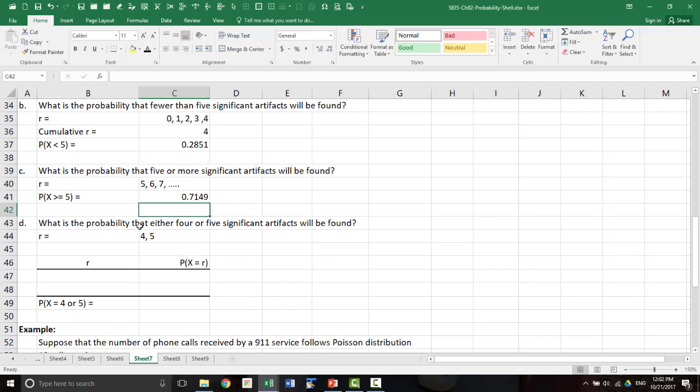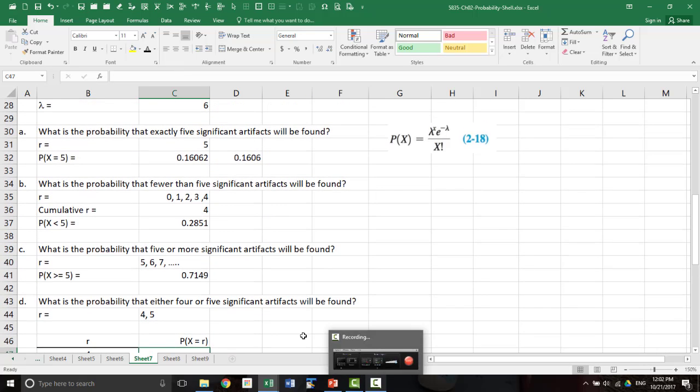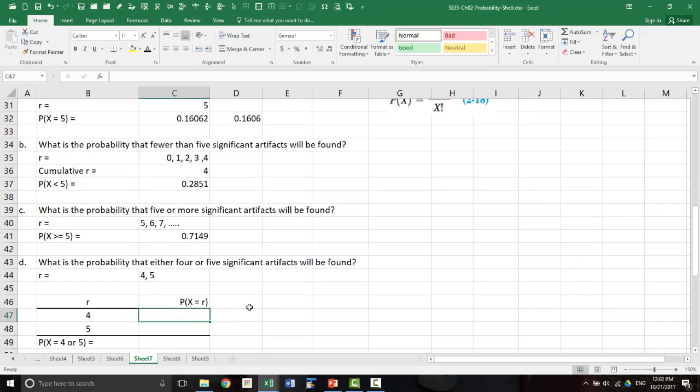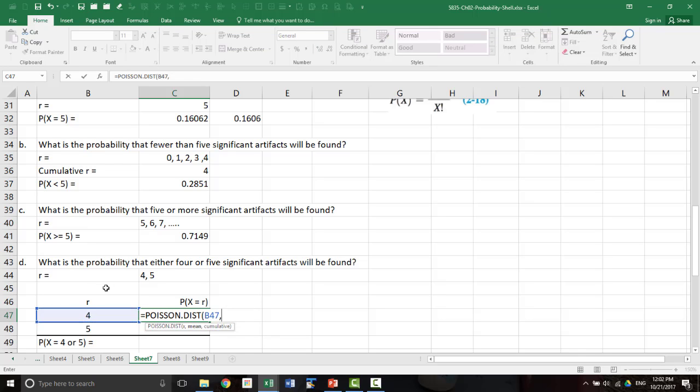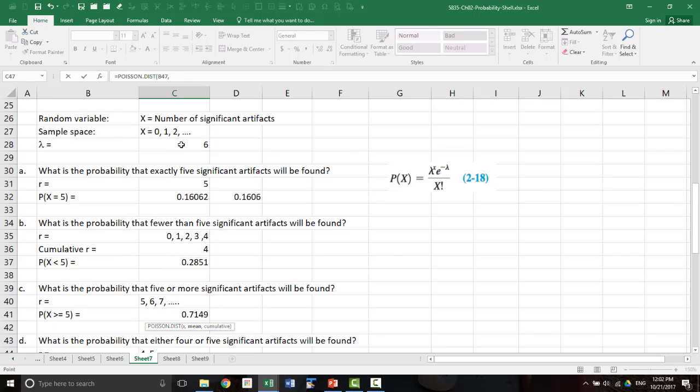What is the probability that either 4 or 5 significant artifacts will be found? So we want either 4 or 5. Well, this is easy enough. All we have to do is to set up the formula for each of them and add them up. So POISSON.DIST, r, and lambda.